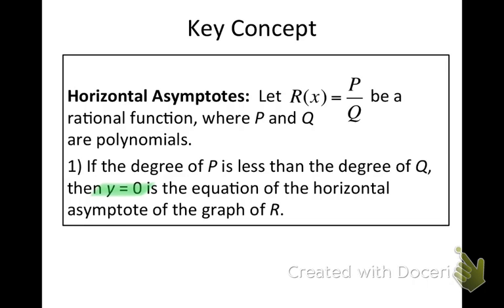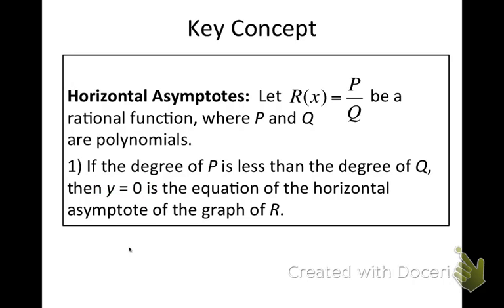So smaller on top, y equals 0. Here my degree was 0 because it was a constant, and here my degree is 1. Smaller was on top, so I have a horizontal asymptote at y equals 0. Notice that this graph will never intersect my x-axis. It only gets closer and closer as it goes.